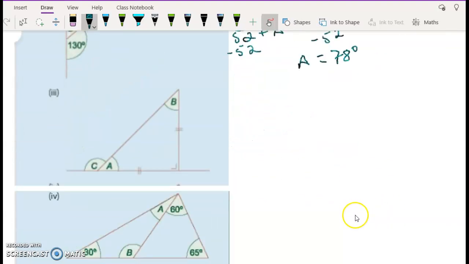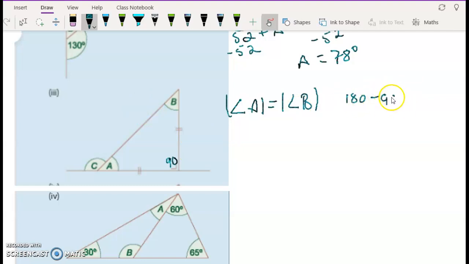Okay, so this triangle here is an isosceles triangle, so that means angle A is equal to angle B. So they are the same. That's a 90-degree angle there. So if I have 180, which is a full triangle, and I take away 90, I get 90 degrees.